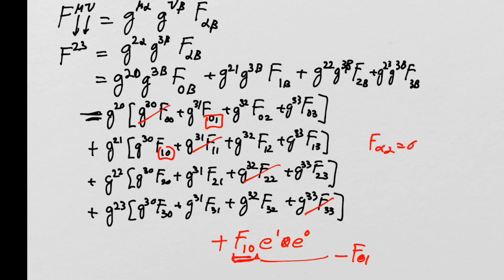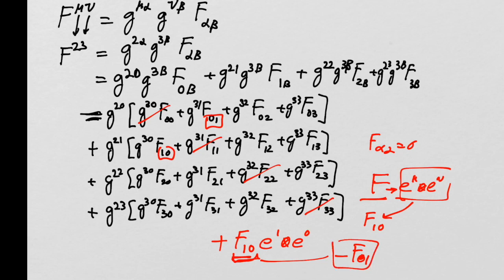But it is correct to say that the f10 component of the tensor f cast in the basis E_μ tensor product E_ν, in that basis, this tensor has an F10 component, and that F10 component happens to be the opposite of F01.